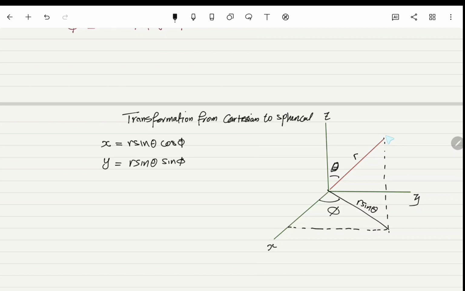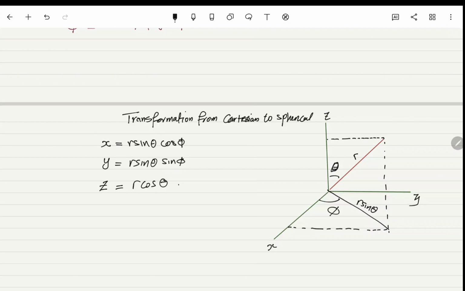This r has intercept on the z-axis, and z in this case equals r cosine theta. So we just write down x, y, z in terms of r, theta, and phi. Now we need to write the I hat, j hat, k hat in terms of r hat, theta hat, and phi hat.